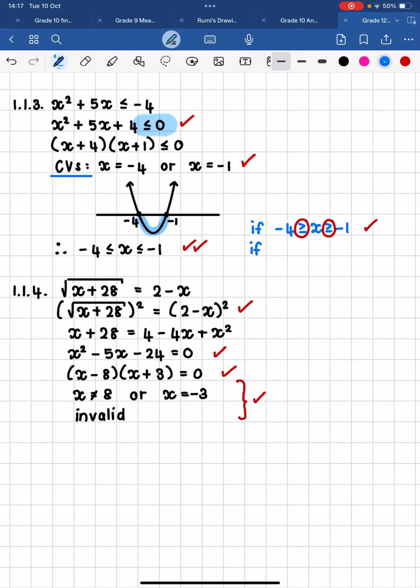If you did the other value, so if you did x smaller than or equal to -4 or x greater than or equal to 1, so basically you're writing the outer parts instead of the inner parts, right? Then the only mistake that you've made is you've looked at the wrong part of the graph. So there you will still also get 1 mark for that.